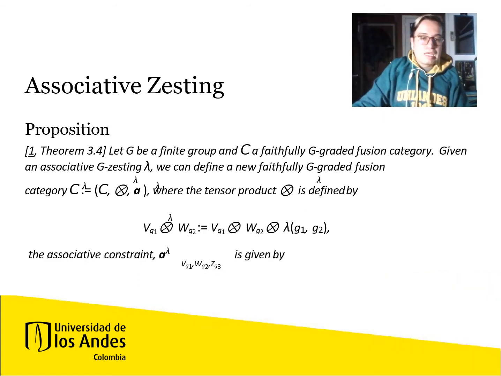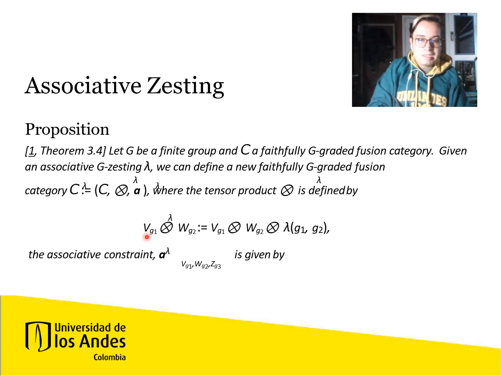So here, the important thing about defining this associative zesting is a result from the paper on grading zesting, as an application: when I have a finite group G and a G-graded fusion category, if I have an associative G-zesting lambda for my category, we can define a new G-graded fusion category such that the new tensor product is given in the following way.